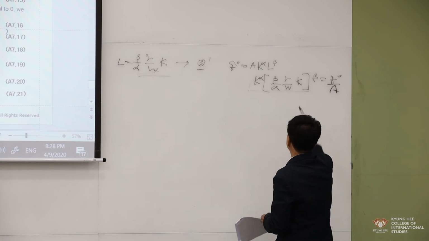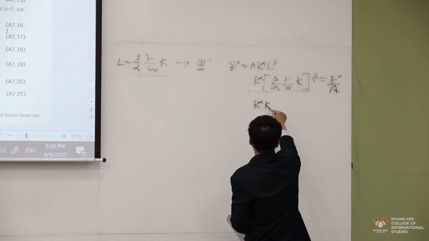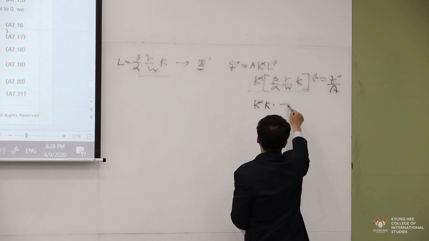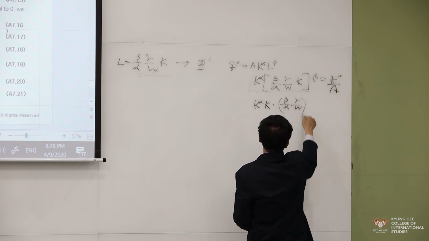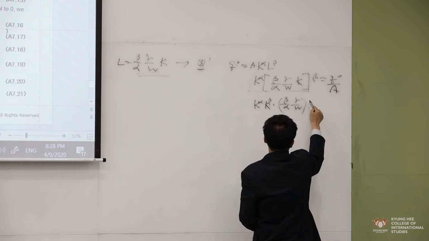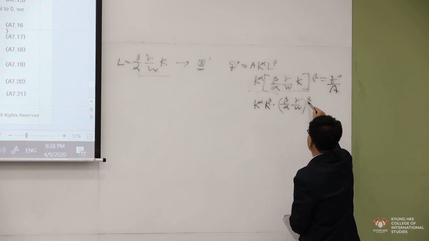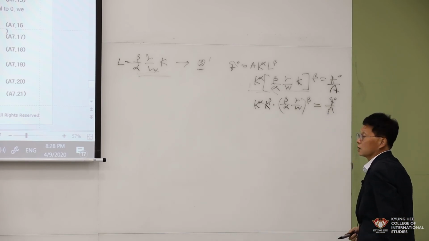K^α times K^β, and the remaining β over α, R over W, to the power β, is equal to Q0 over A.